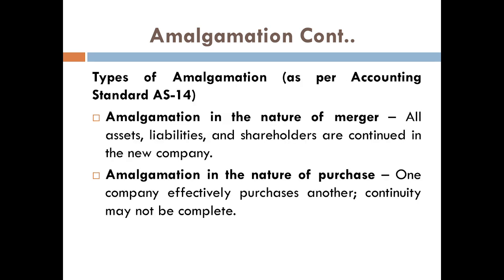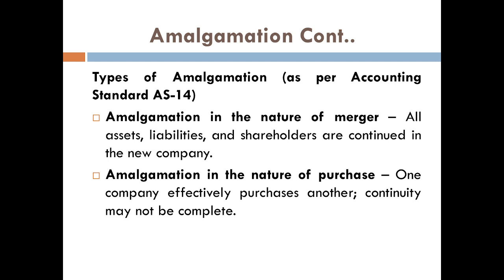Now we come to the types of amalgamation under Accounting Standard number 14. Amalgamation in the nature of merger: all assets and liabilities and shareholders are continued in the new company. So the assets of X Limited and assets of Y Limited put together will be shown in Z Limited, the newly formed company.